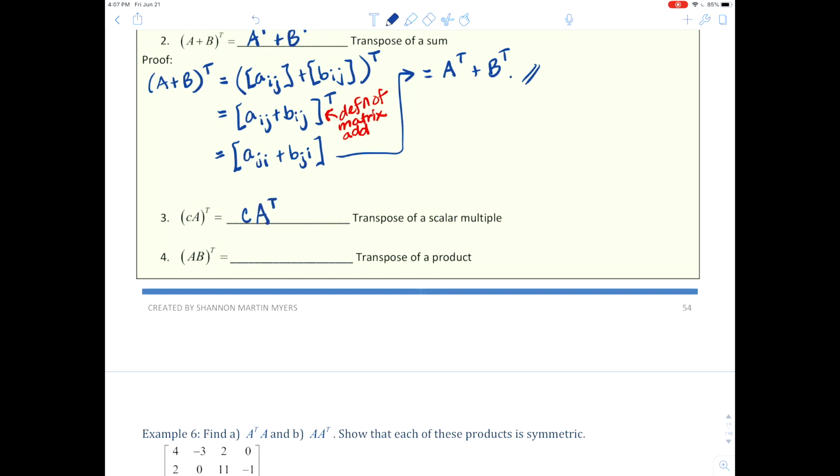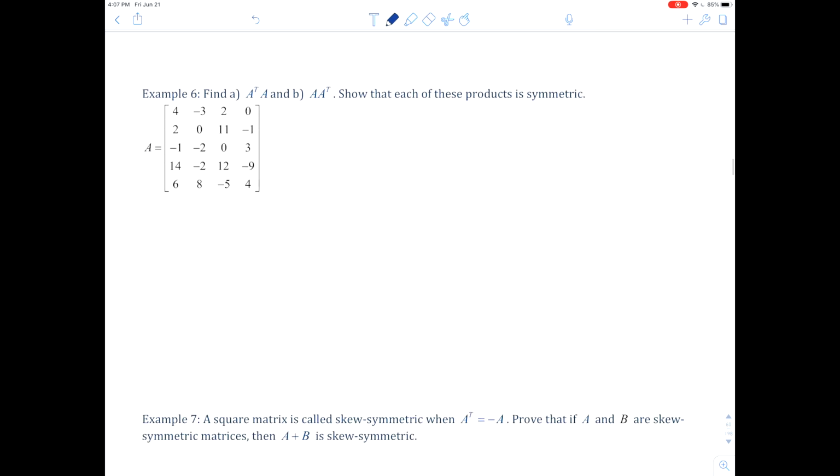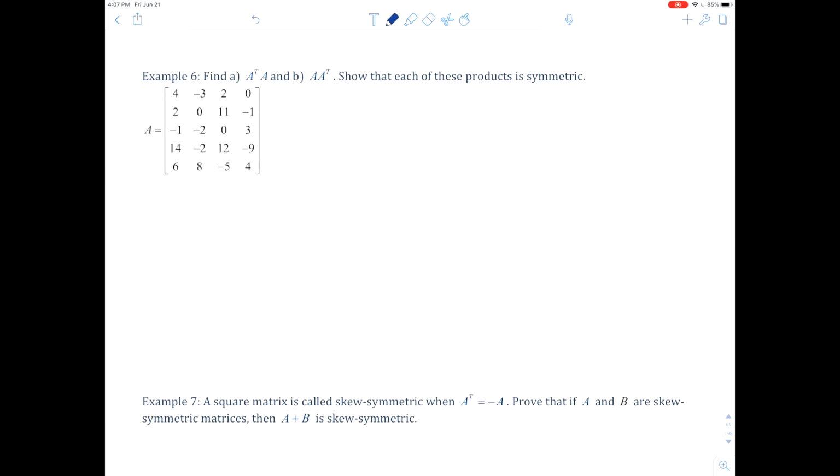And then, be careful, if you have a product AB and you transpose it, you're going to end up getting B transpose times A transpose. They swap, okay? So here we go. Let's do an example. We want to find A transpose times A and A times A transpose, and we want to show that each of these products is symmetric, right?